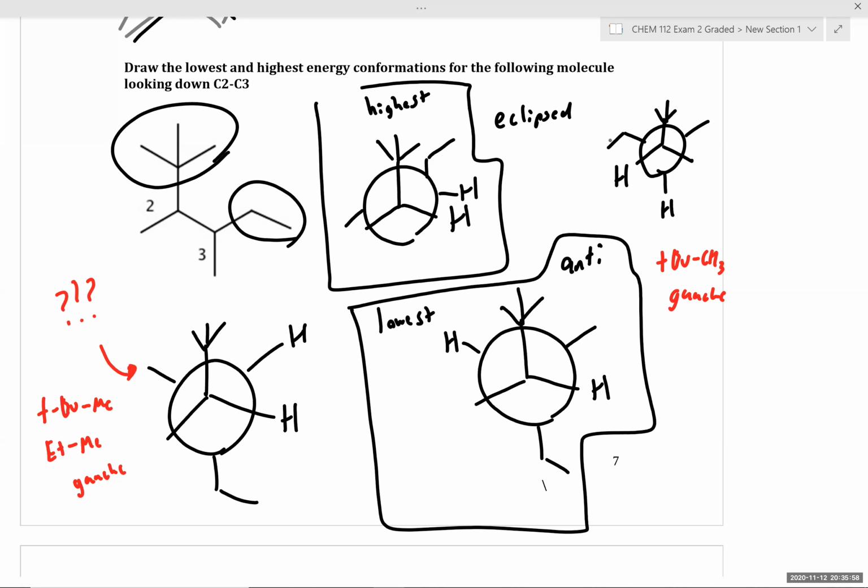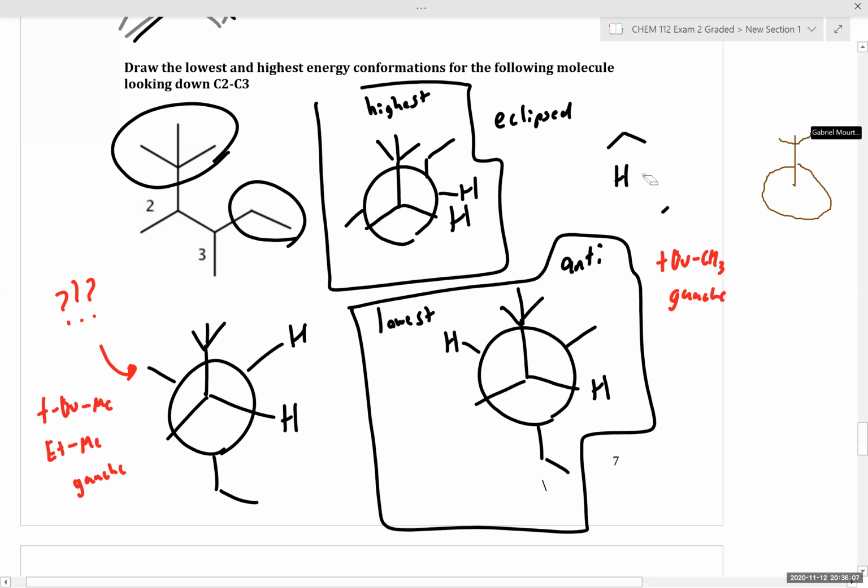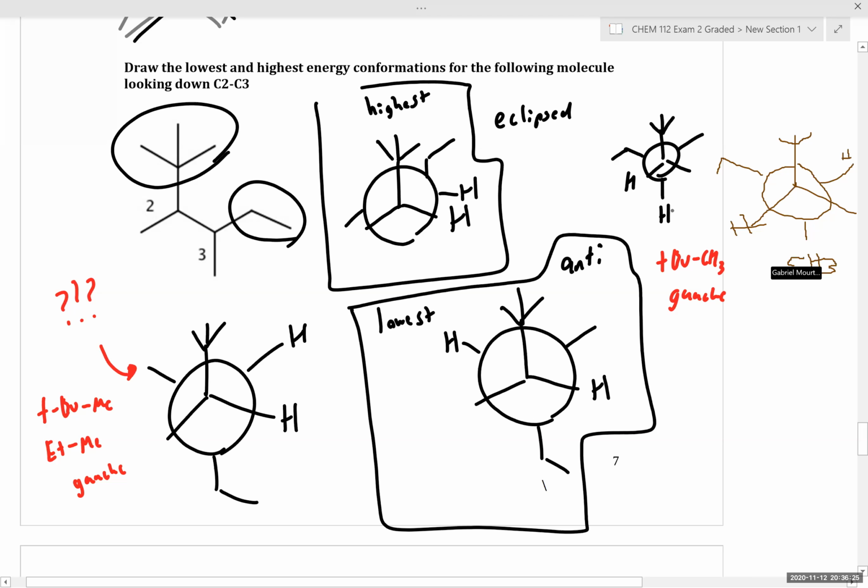So I had it like this, the t-butyl, and that's a methyl over here too. Oh, okay, so hydrogen methyl.